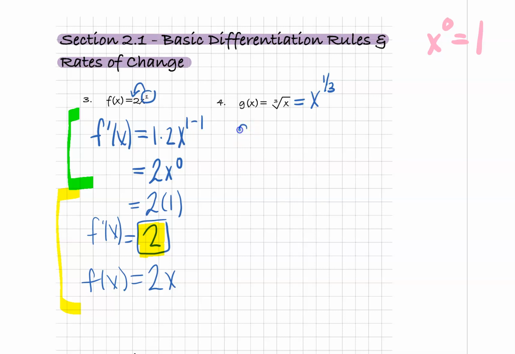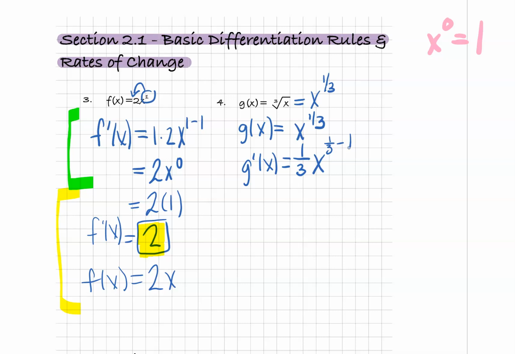Now that I have g of x equal to x to the 1/3 power, I can now take the derivative. So I'm going to say g prime of x is equal to, I'm going to bring the 1/3 down, and I'm going to subtract 1 from it. Now, when you're working with the power rule, negatives and fractions are going to be the things that kind of trip you up.